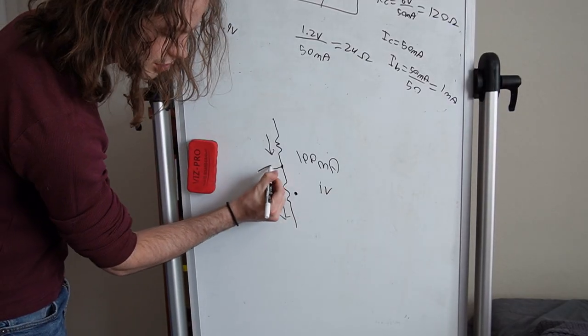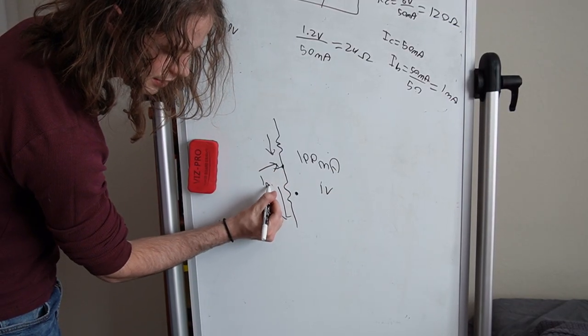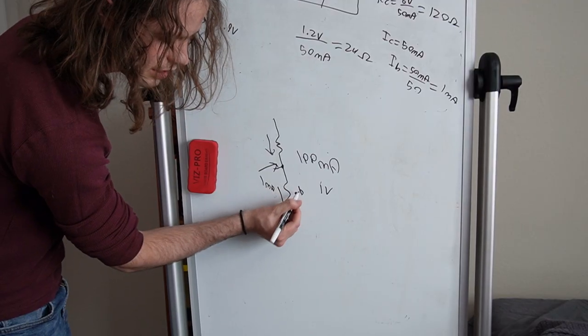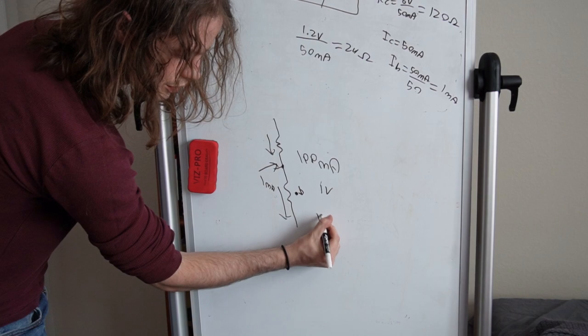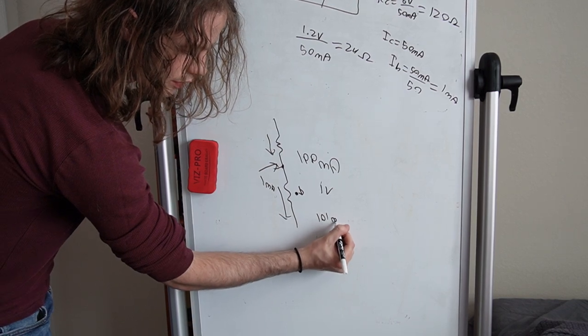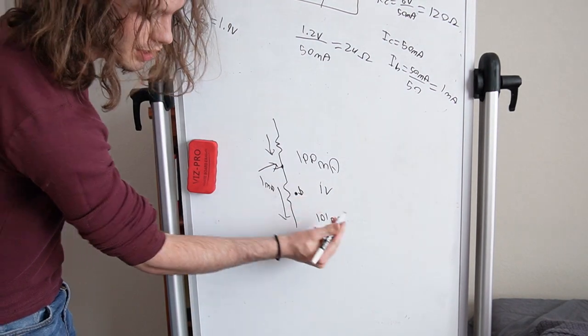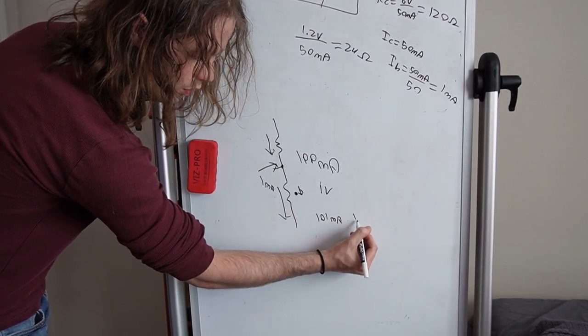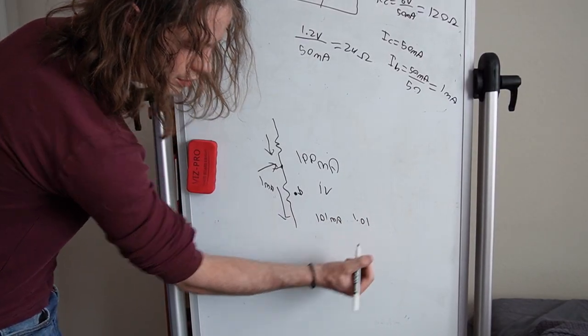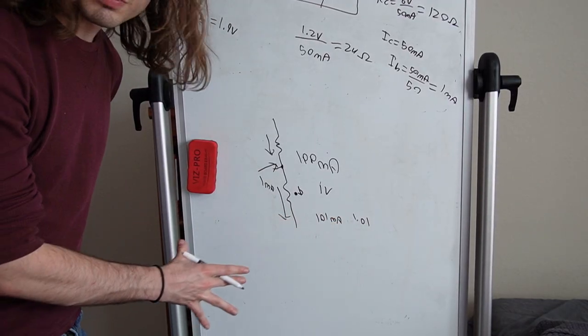If I now inject 1 milliamp into the system going down, that means that instead of 100, it's going to be 101, which means that the voltage is going to shift, if we assume perfectly linear, by 0.01 or something. So that's a very small fluctuation.